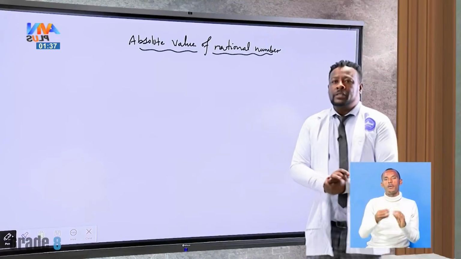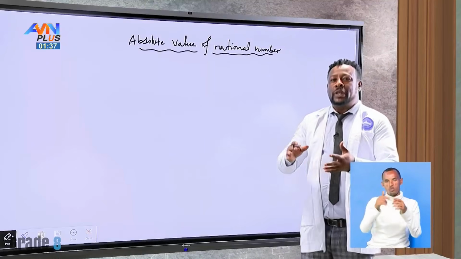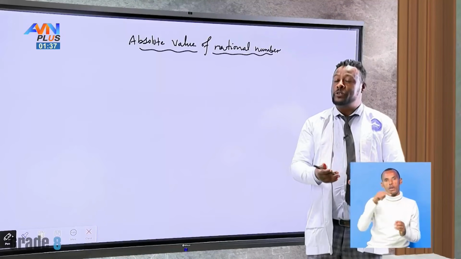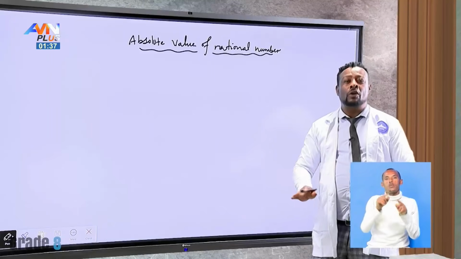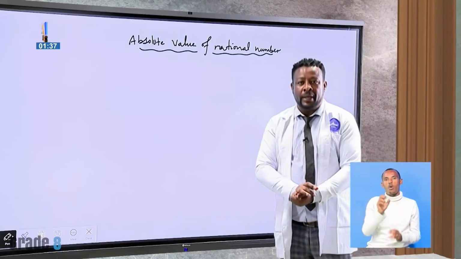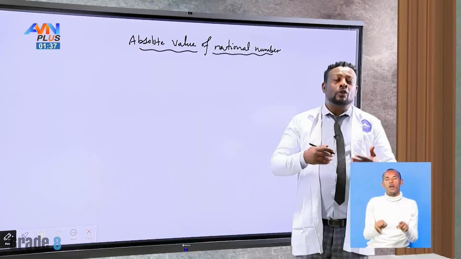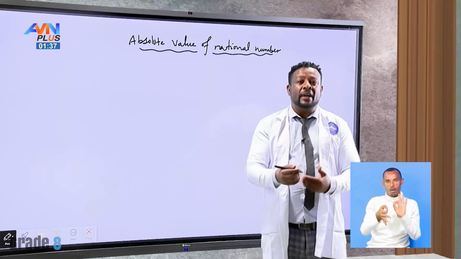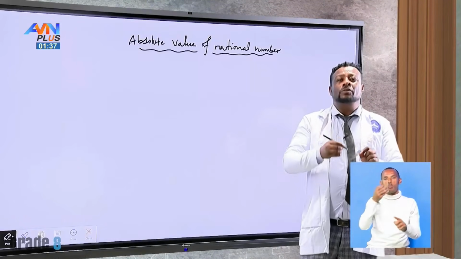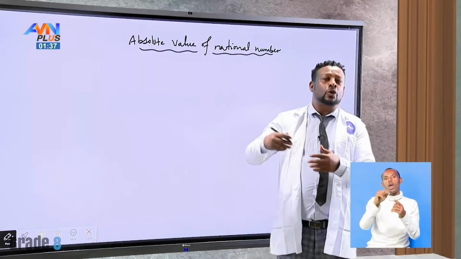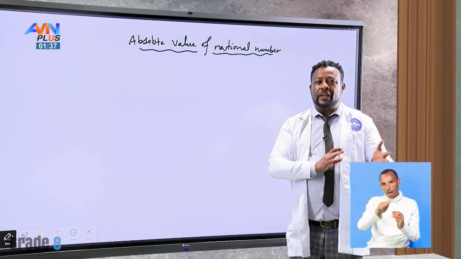right? So before I go to the definition of absolute value of a rational number, I have to tell you what the absolute value of a number is. In mathematical terms, an absolute value of a number is defined as the distance from 0 to a number in any direction, okay?